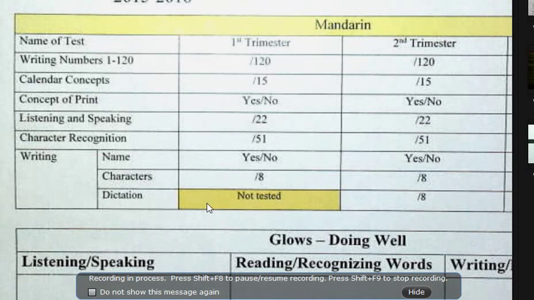Character recognition. There's 51 Chinese characters that I showed them, just kind of like sight words in English. These are words they've seen before, well, not all of them, but for first trimester, there's 3 columns to this, and first trimester words they've been introduced at the beginning of the year. So just looking at the words and telling me what they are.